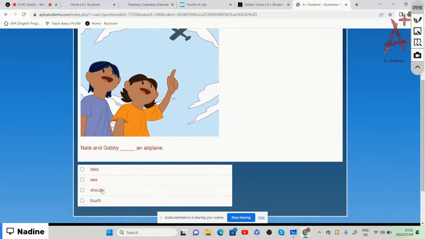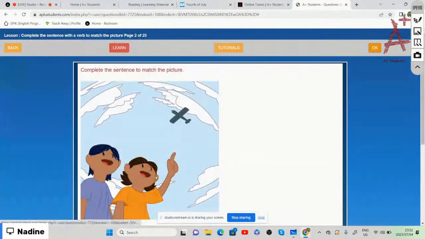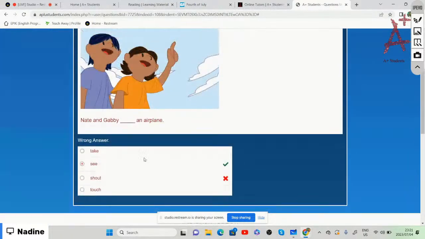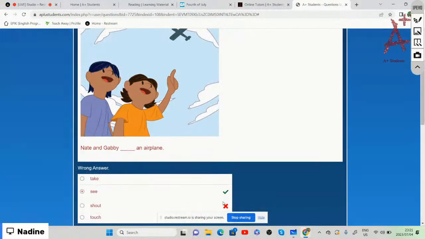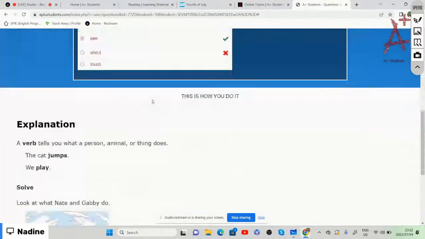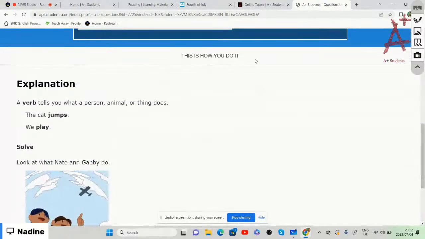All right, so I'm going to choose one, right? So, we said they shout, right? And that shows that it is incorrect because the correct word is that they see an airplane, and the picture even shows that they are looking up and pointing to the airplane that they see in the sky, right? And this is also how it works.